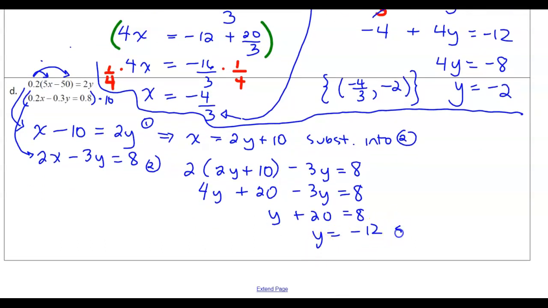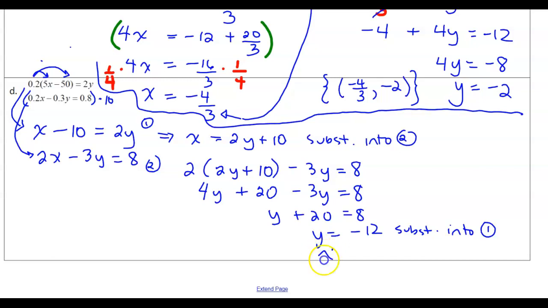And then I'm going to substitute that back into equation 1, the form that I solved. Did I do something wrong? Okay, so then what do I get?